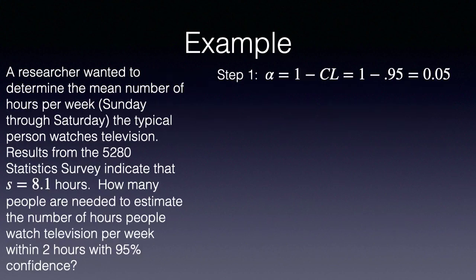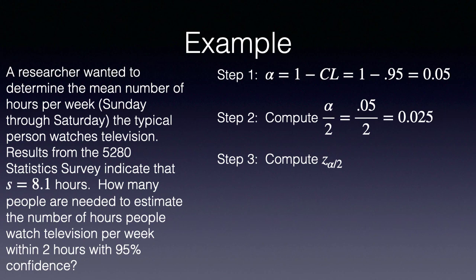Again, step one is that we compute our alpha level of 0.05. Step two, we cut the alpha level in half. So this is all familiar.